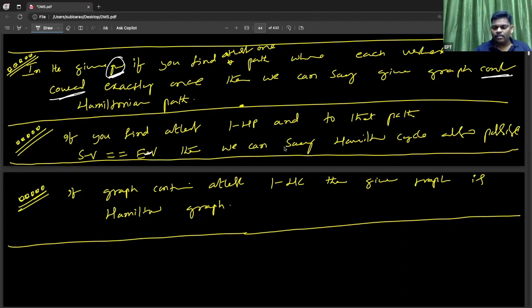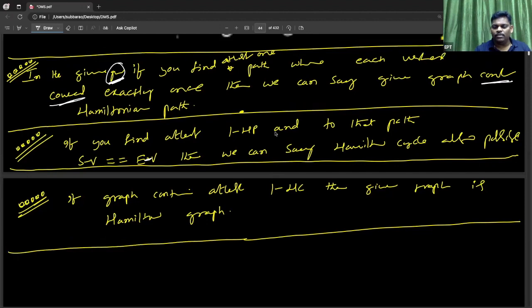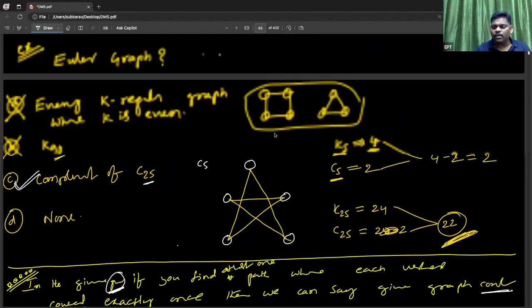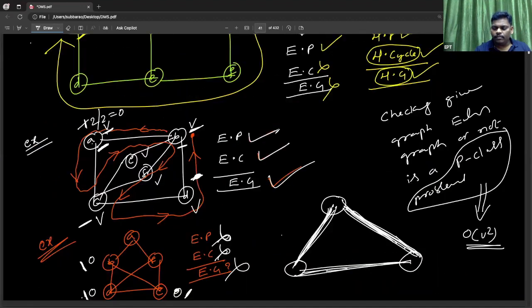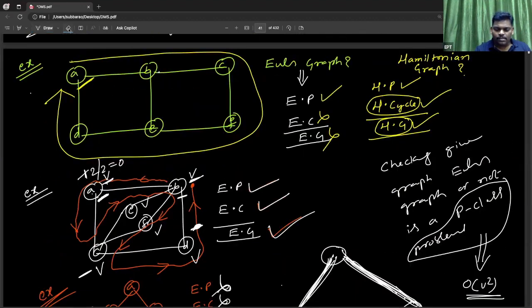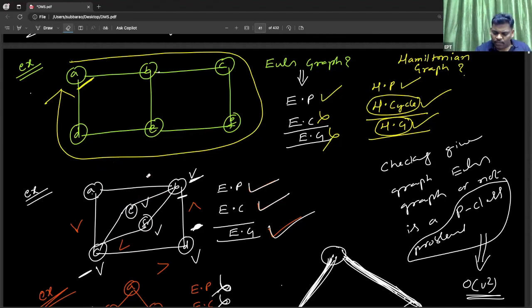Right? Fine. Let's come to the problem. Again it will come, so we'll see one more time. Can you finish it off? In the second problem, this problem, can you verify? Is it a Hamiltonian graph? Those people who are not getting what has happened till now, can you verify this Hamiltonian graph or not?